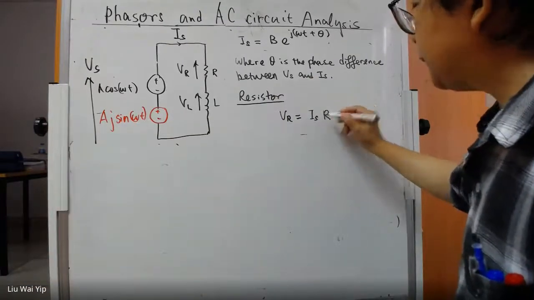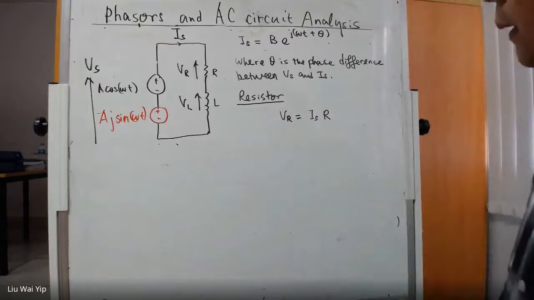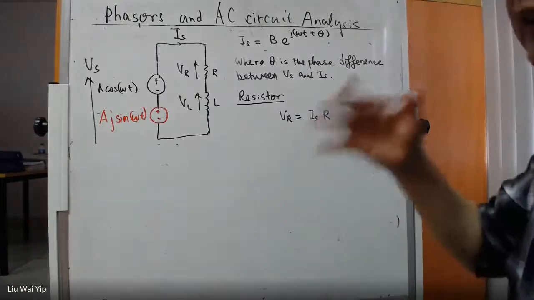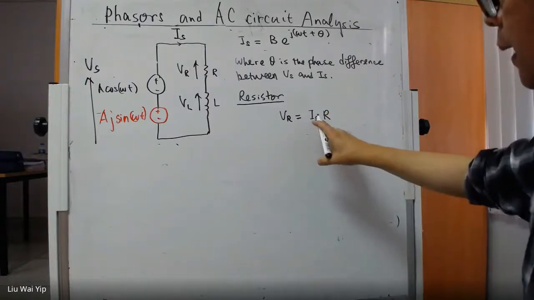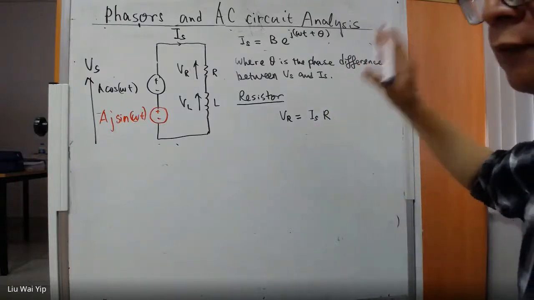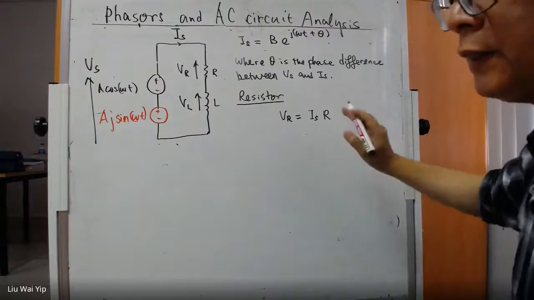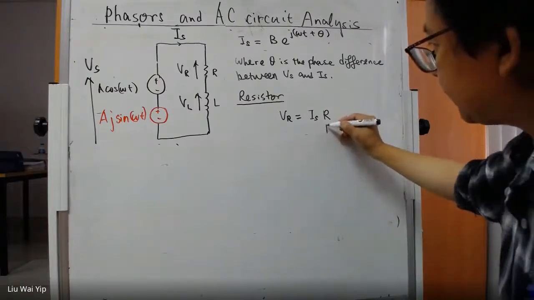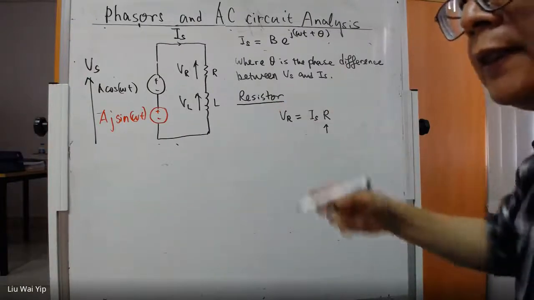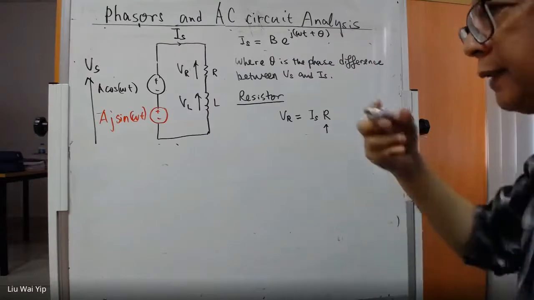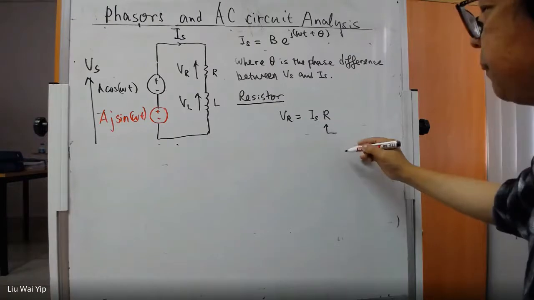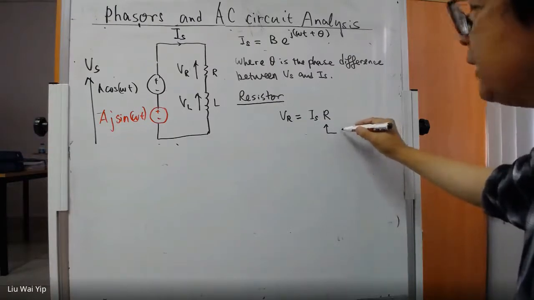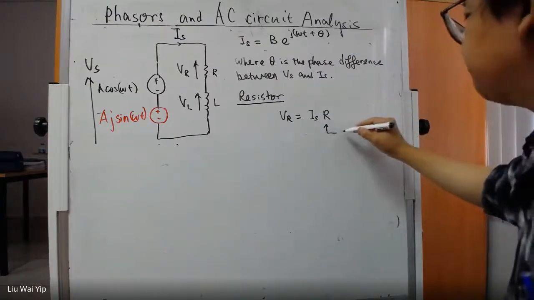And we are going to introduce another concept, called impedance. In this case, R is a resistance. Instead of calling it resistance, we add another name for this resistor: the so-called resistive impedance.